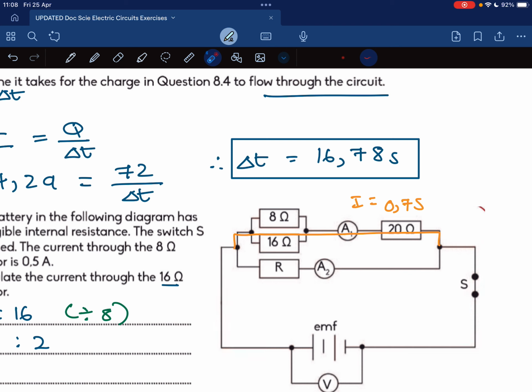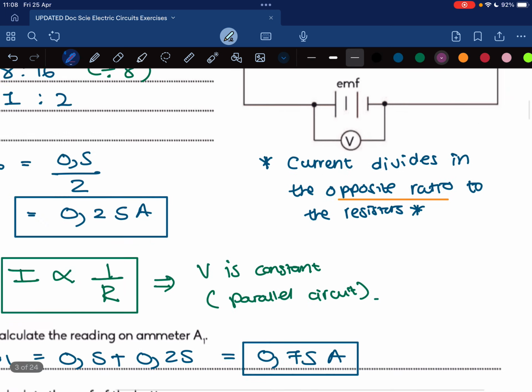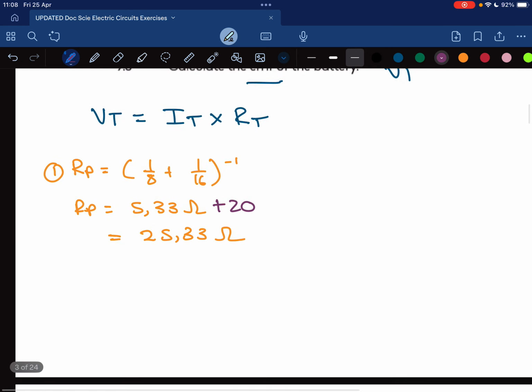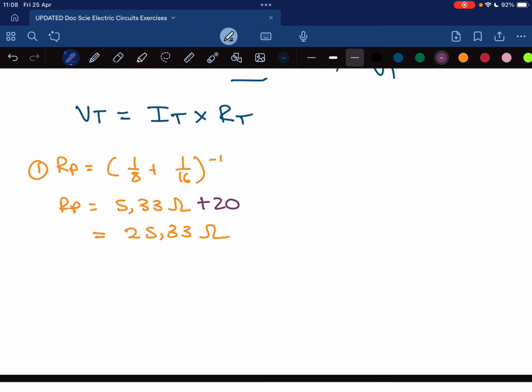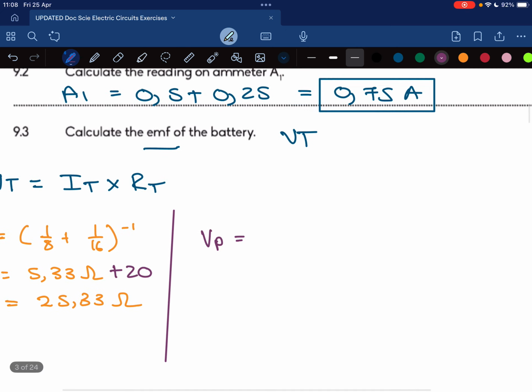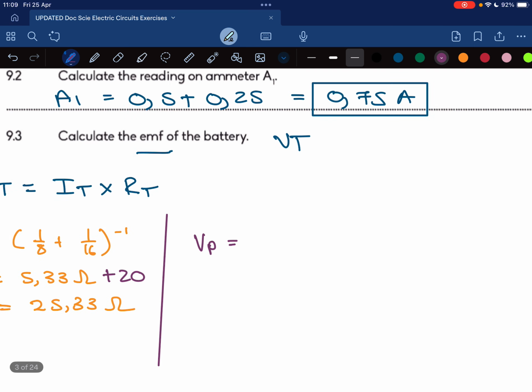No, which means that the voltage here is the same as the total voltage, which is the EMF. So V for that part of the parallel component is equal to I multiplied by the resistance.